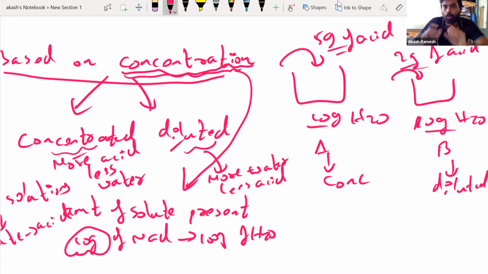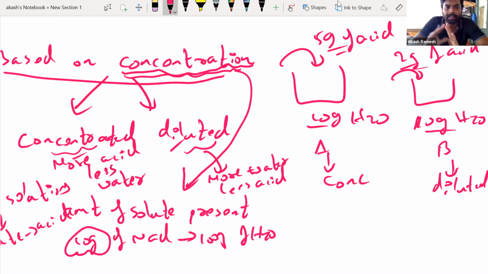And one more important thing is people generally confuse concentrated and diluted with strong and weak acids. Now, please understand, there is really no connection, at least for your level. Please understand that these are not the same. Strong acids are not concentrated. Weak acids are not diluted. It is not like that.